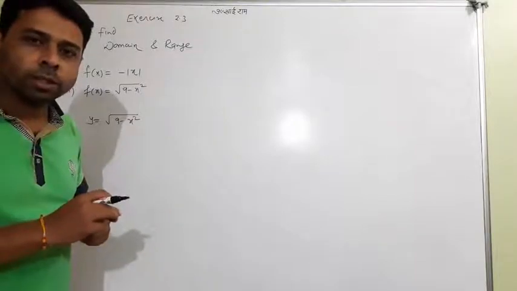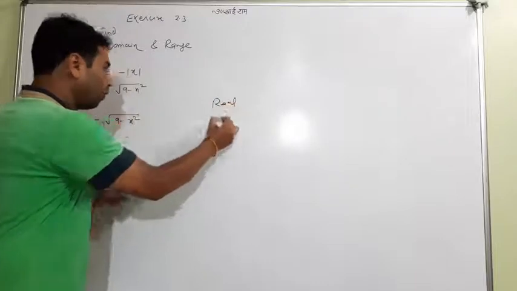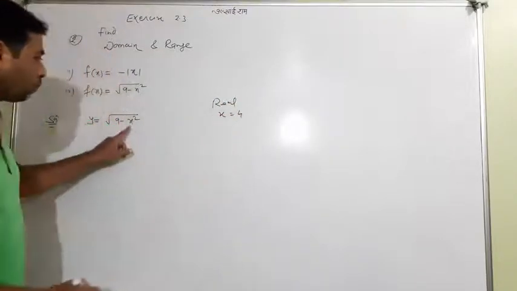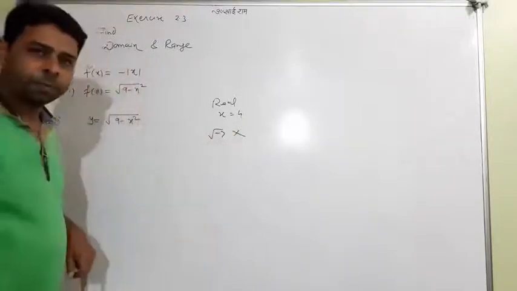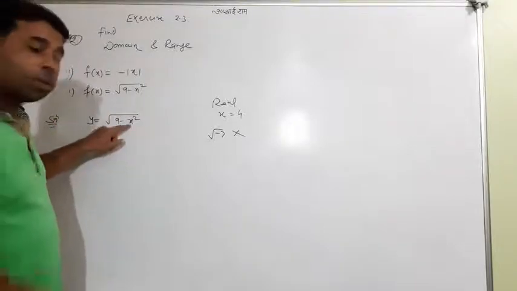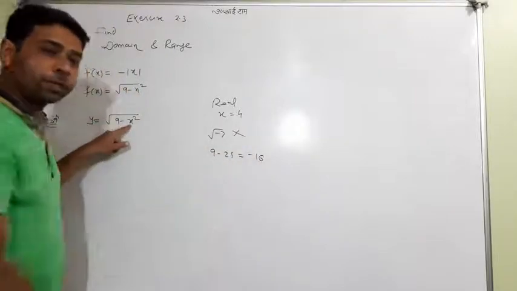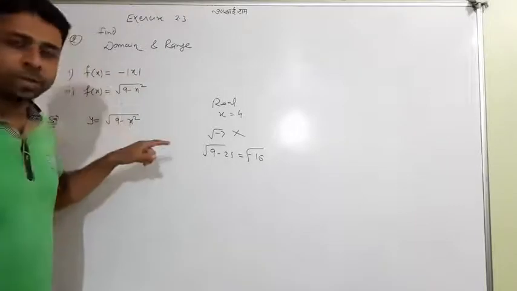In your mind first will come that we can put any real number instead of x, but it is not true. When you put x equal to 4, 4 square is 16, and 9 minus 16 will be minus 7. It does not exist. Suppose you put 5: 9 minus 25 will be minus 16, which also does not exist, because in the root sign a negative number will never exist.